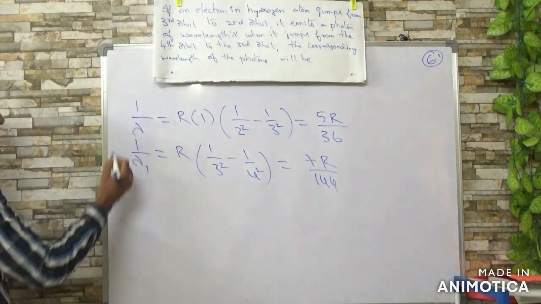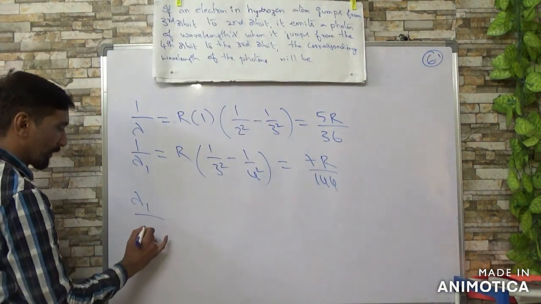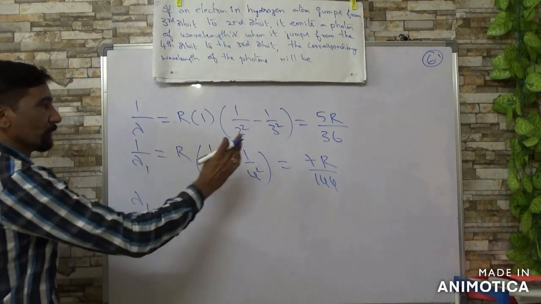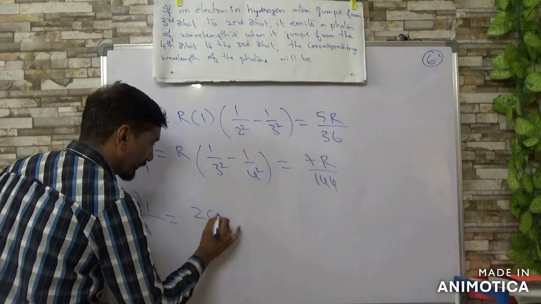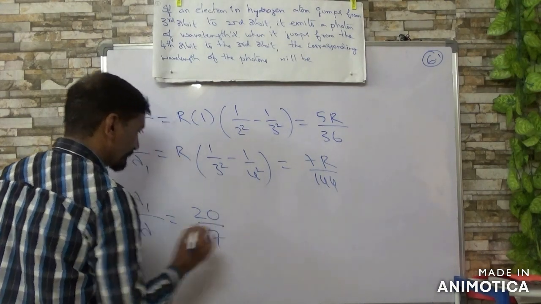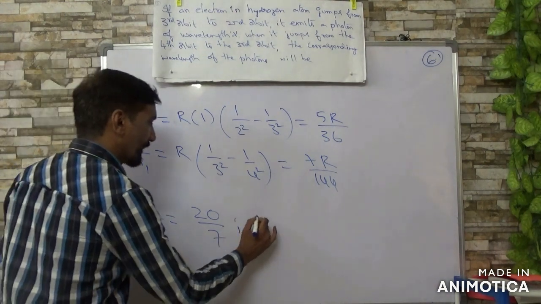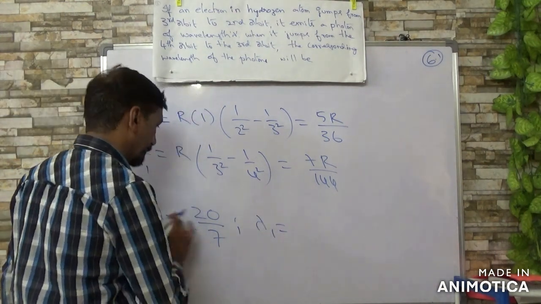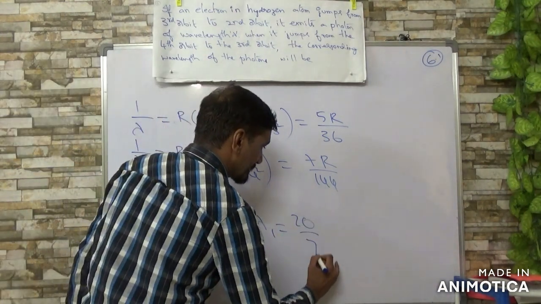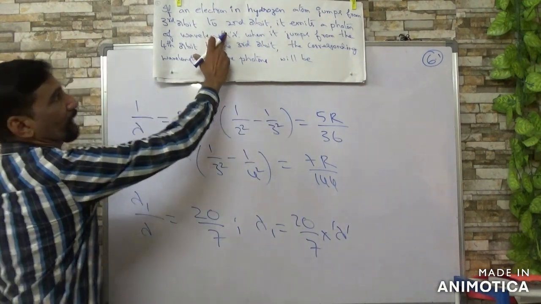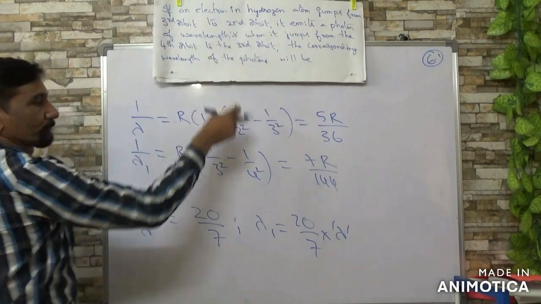When you further simplify, lambda 1 by lambda 2, this by this, you get 20 by 7. So the wavelength in this case is 20 by 7 into the initial wavelength given, lambda.